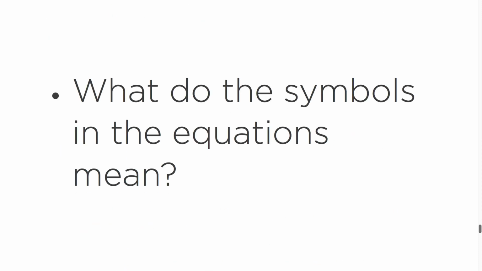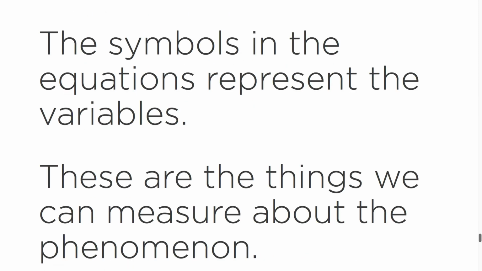And what do the symbols in the equations mean? So the symbols in the equation represent the variables. These are the things we can measure about the phenomenon. Okay, so if we observe a phenomenon, we have to be able to measure it.